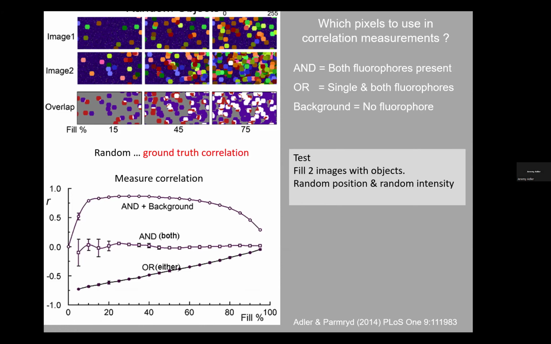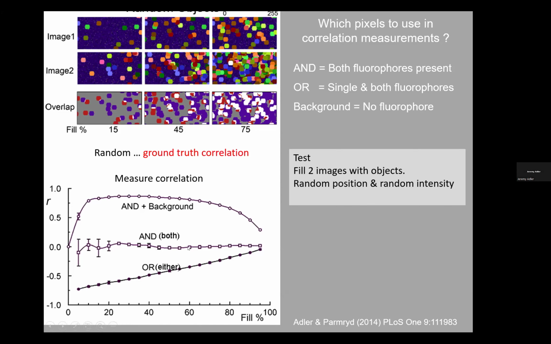Both have been generated randomly, therefore there should be no underlying correlation. Now what we're doing here is showing the correlation measurements for increasing numbers of blobs, more and more blobs added, and we're trying to find out which one is coming up with our expected value of 0.